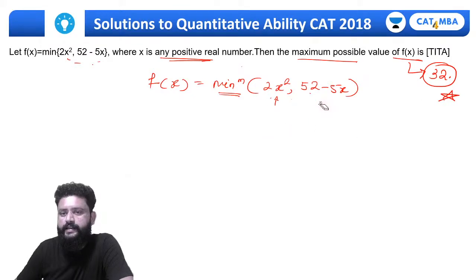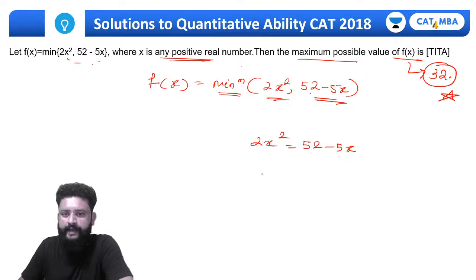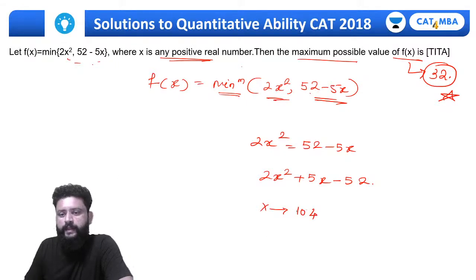Other way of doing it is just the intersection point of this graph and this graph. So simply you can say 2x square is equal to 52 minus 5x. लेके देखो, I can do 2x square plus 5x minus 52. So multiplication must be 104 minus 104 basically, and addition must be plus 5.